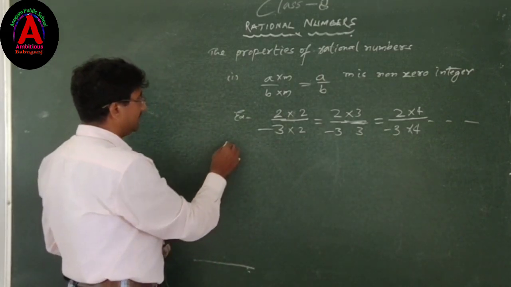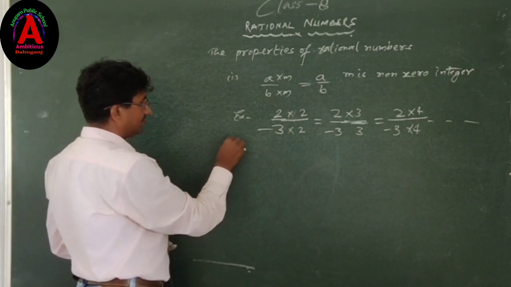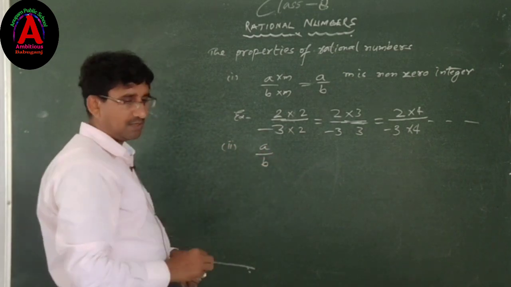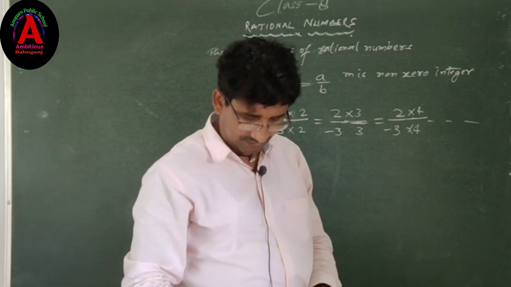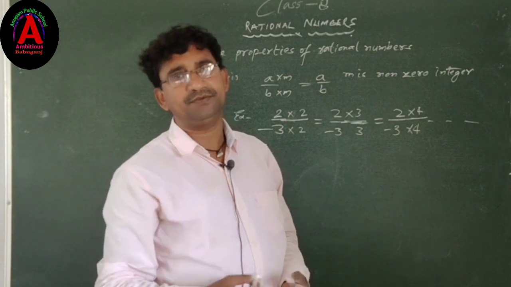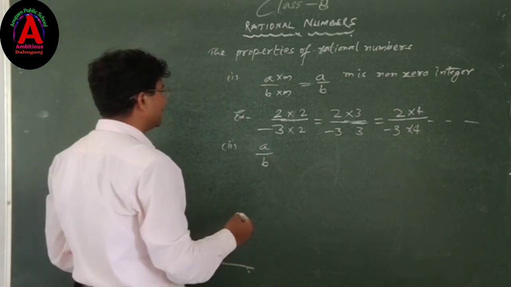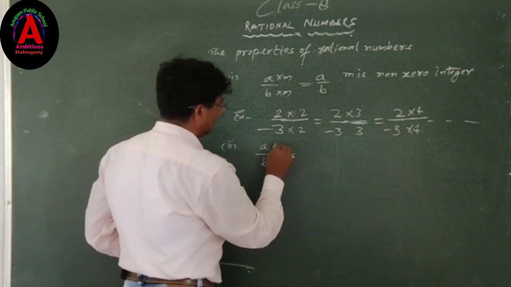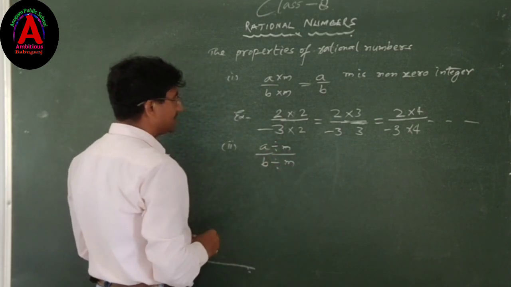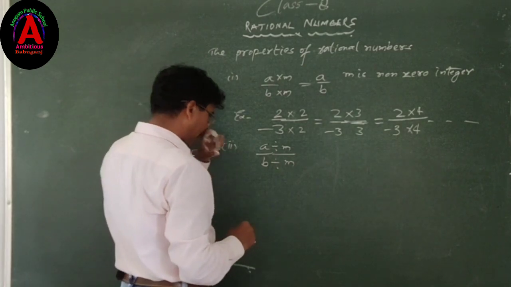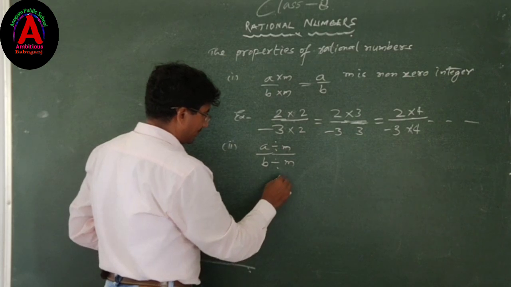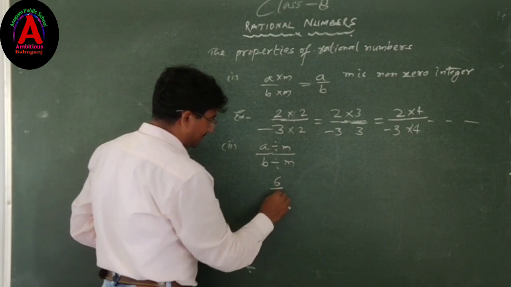Second property: if A by B is a rational number and M is a common divisor, then dividing numerator and denominator by M gives an equal rational number.